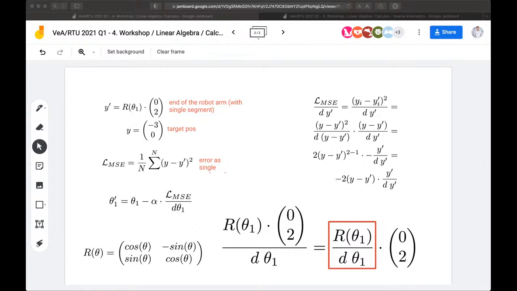But yeah, so Betty is giving the correct answer. Let's see. So we have three answers coming in. That is beautiful. And you could try to implement that one robot arm already moving, I mean the one segment of the robot arm moving to the correct position. If you can do that, that would be even greater. So I see that some other people are also sending the correct answers, except there is something strange.